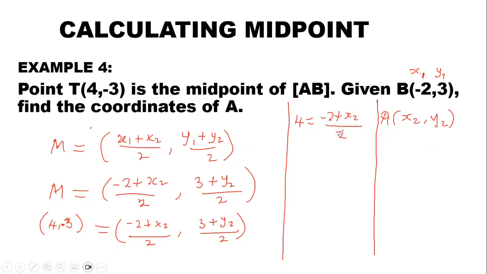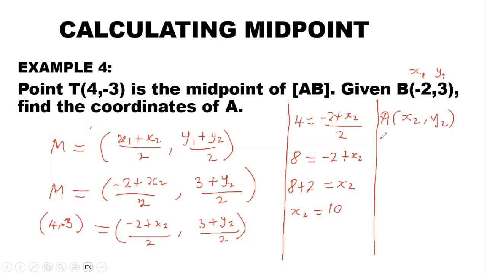So we can get rid of the fraction by multiplying both sides by 2, because we want to get rid of this denominator. So if we do that, then 2 times 4 is 8, equal to -2 plus x2. To make x2 stand alone, we send -2 across the equal sign, then 8 plus 2 is equal to x2. This implies that x2 is equal to 10.